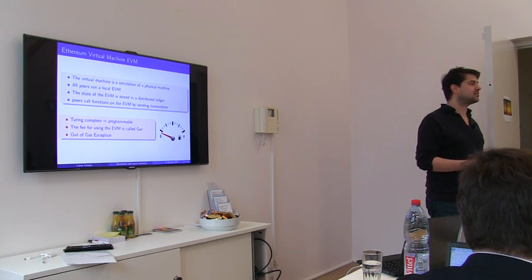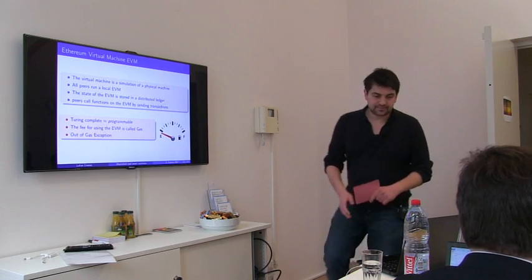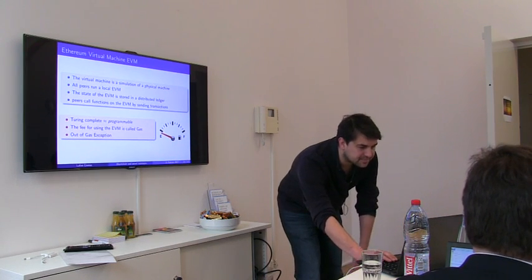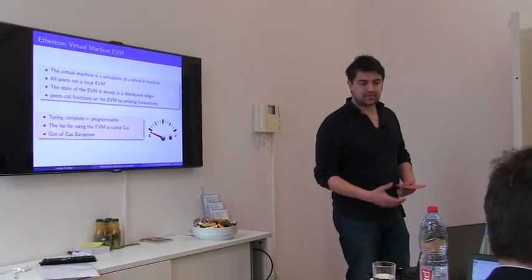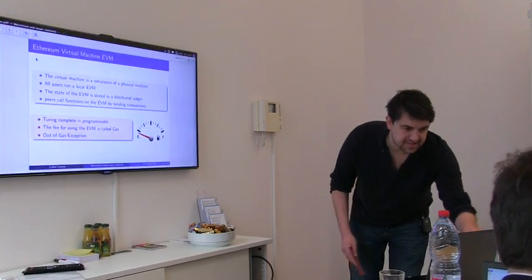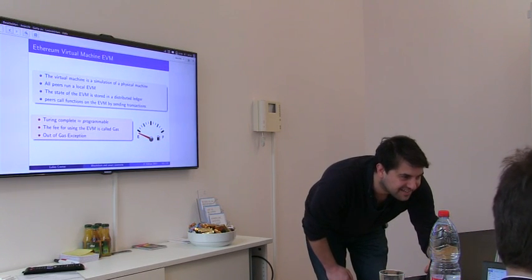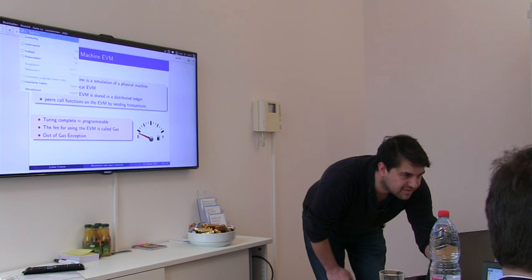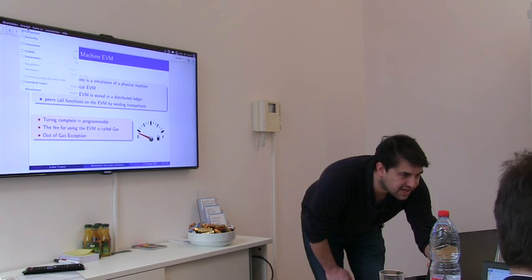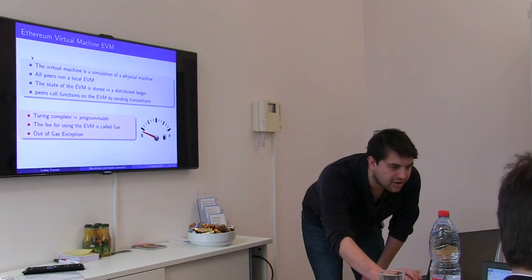It says who gets what under which conditions. There's also a fee involved for using this virtual machine called gas, but that's the technical part, and I already see I'm short on time.